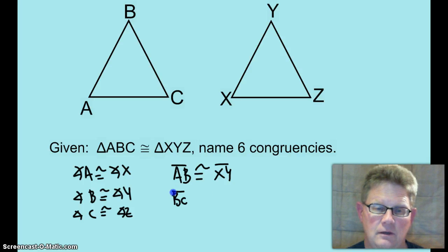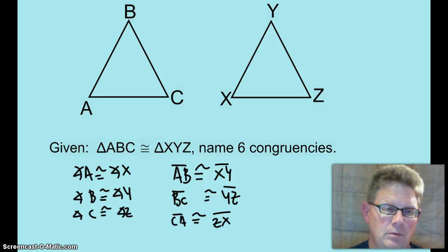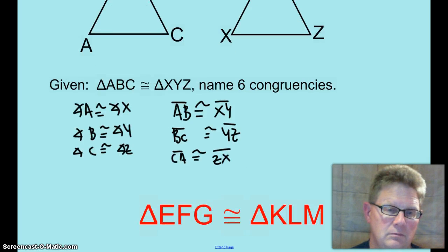Segment BC is congruent to segment YZ. And segment CA is congruent to segment ZX. That plain, that simple.